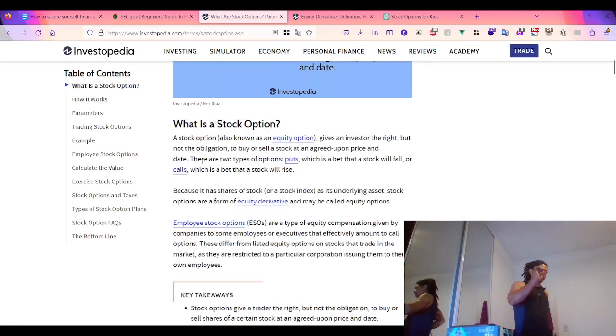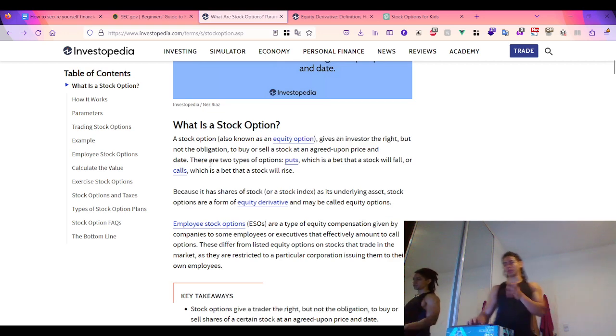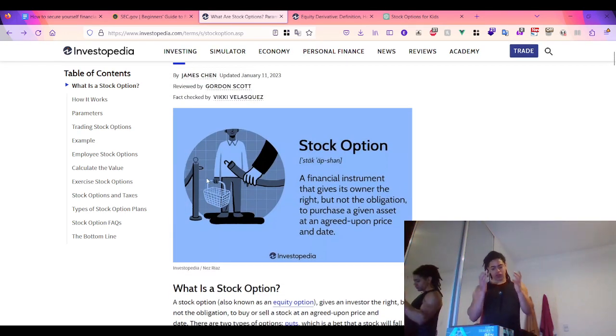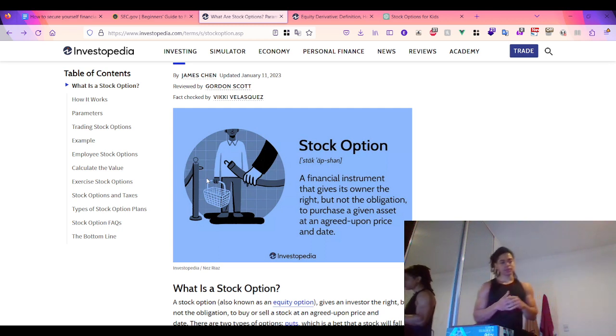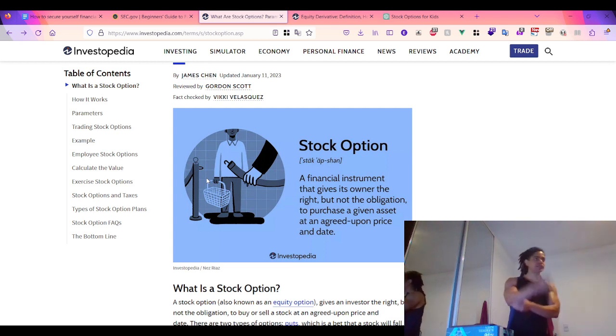So to make a recap of stock options: a stock option is a financial instrument, and financial instruments are assets or packages of capital. This instrument allows the owner the right but not the obligation to purchase a given asset at an agreed upon price and date.